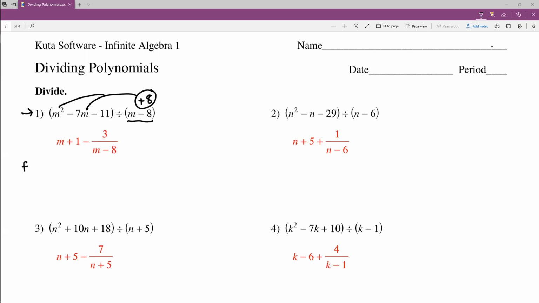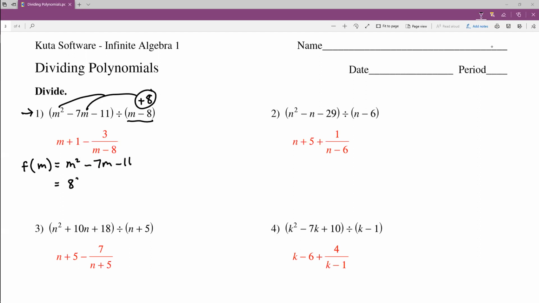So we could say f of x, or in this case, it's f of m, is m squared minus 7m minus 11, okay? And we're going to plug in positive 8 in place of m.